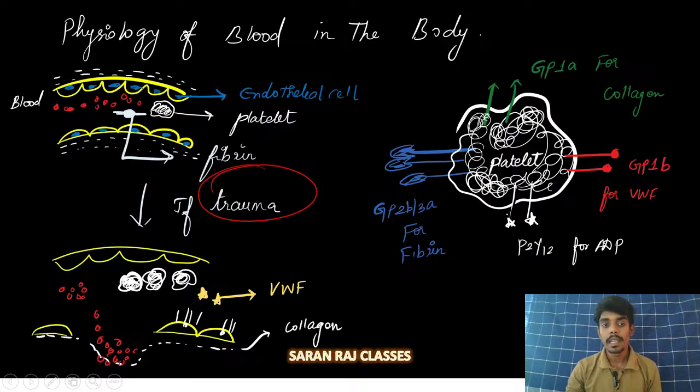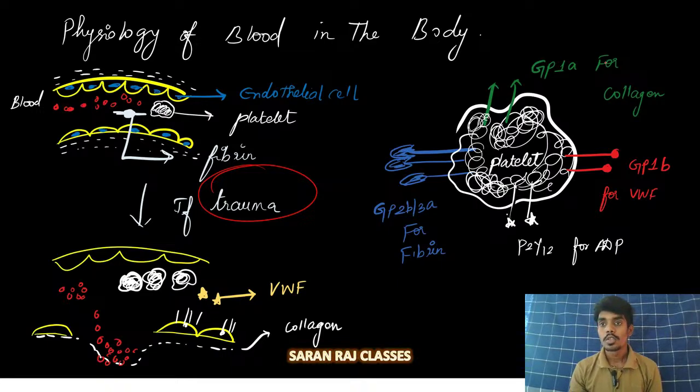Consider this is a platelet molecule. It has several receptors on it in order to bind with specific target sites. The first one is the GP1A receptor.